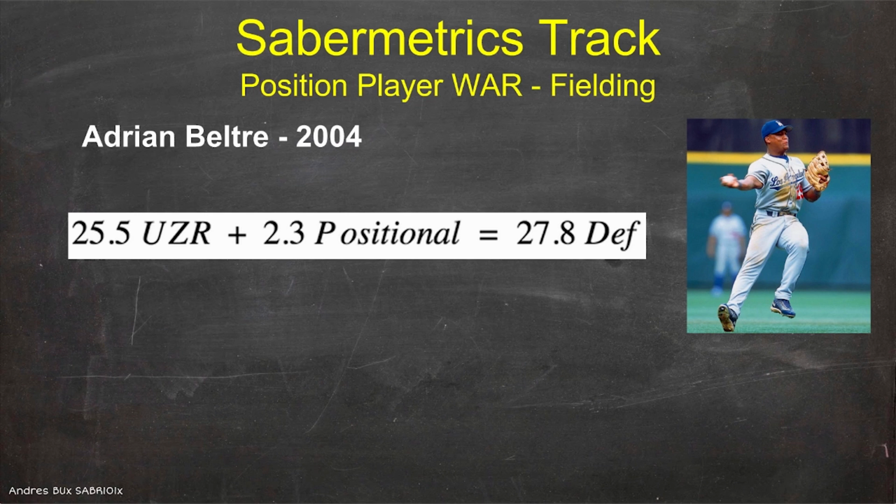Now this isn't the normal 2.5 positional adjustment you get by being a third baseman. But since he didn't play 100% of the time on defense for the Dodgers, he only played 92% of the time. We don't give him the full positional adjustment. The positional adjustment is divided up among all the players who played that position for that team.